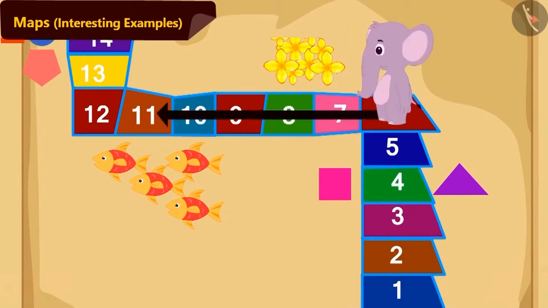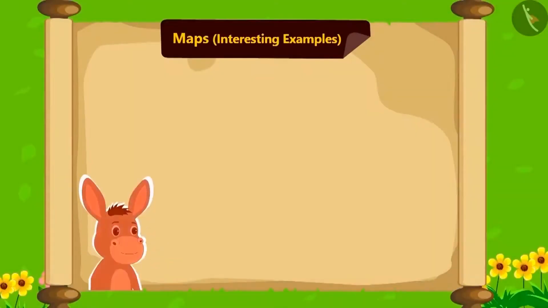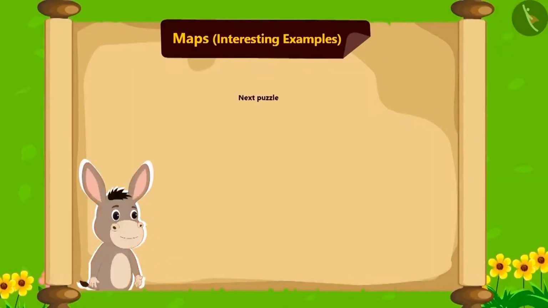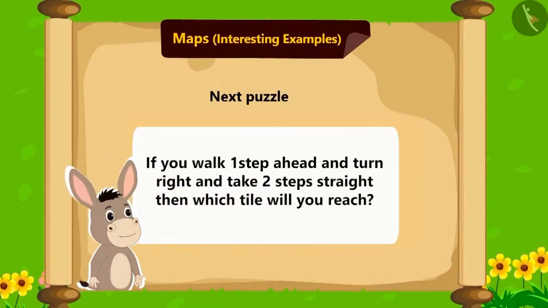Then how many more steps will Appu need to walk to reach tile number 11? 5 steps. Come, let's see what Bhola's next puzzle is. If you walk 1 step ahead and then turn right and take 2 steps straight, then which tile will you reach?